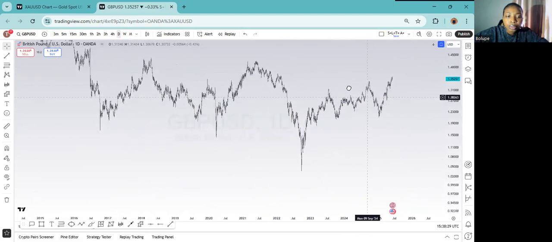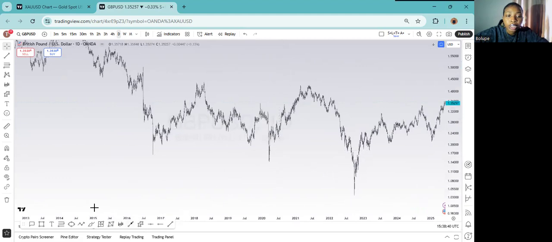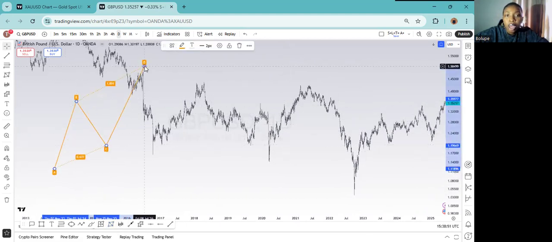Now you should know that impulse, correction, continuation is what I mean by your higher highs and your higher lows. So we are going to represent those with this tool here on TradingView, that is A to B, from one higher high to another higher high to a higher low and all that.